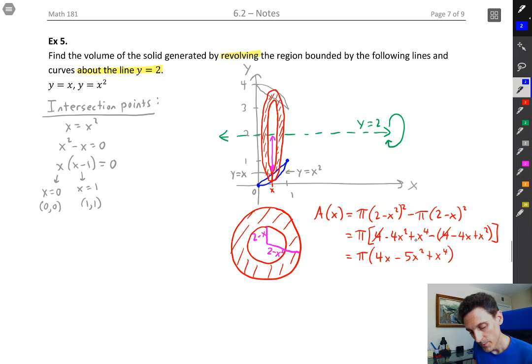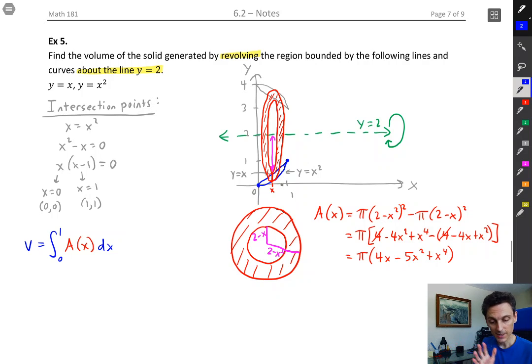Now we can put that formula into our volume formula to get the volume. What are we integrating from and to? If you said x equals 0 to x equals 1, that would be correct. Going from the left side of our solid to the right side of our solid.